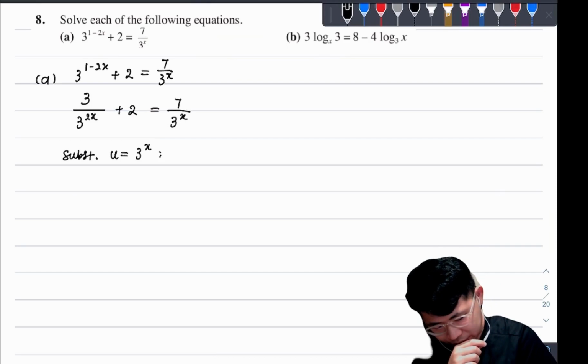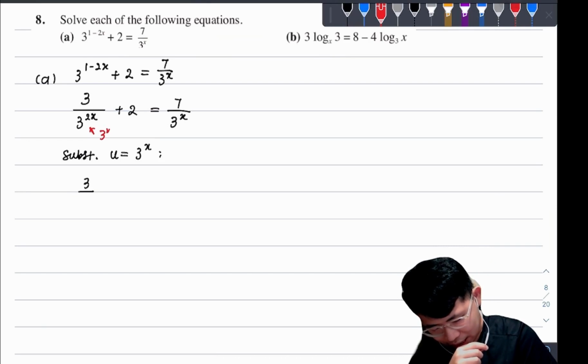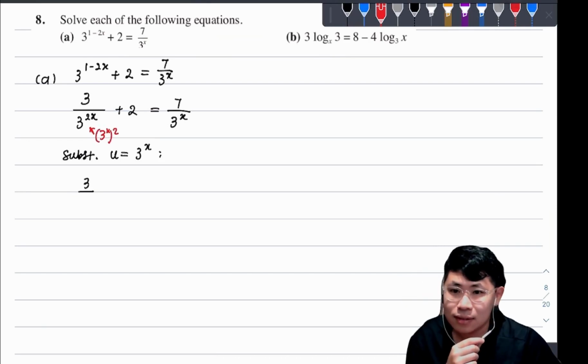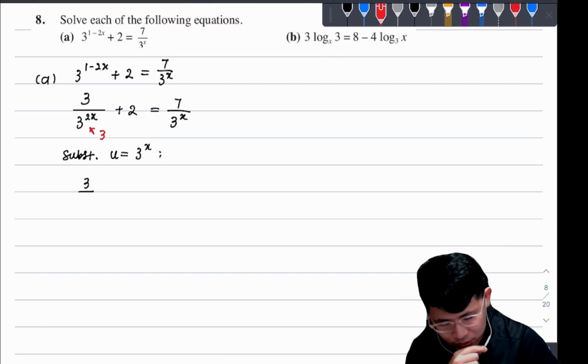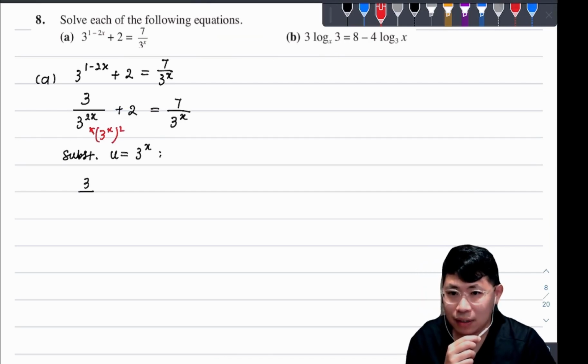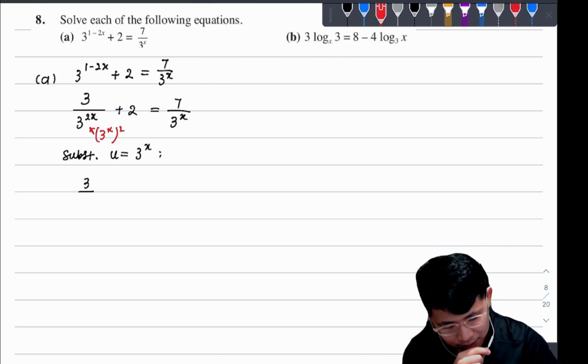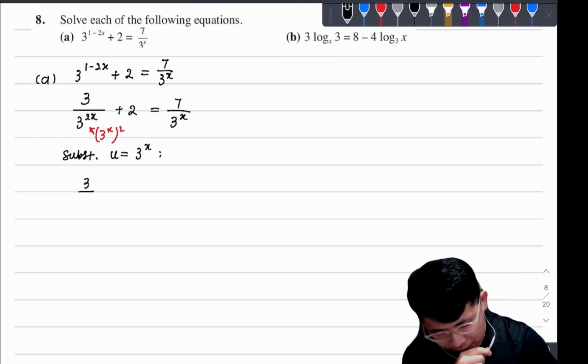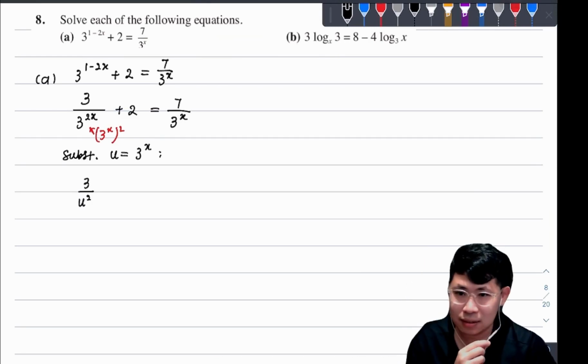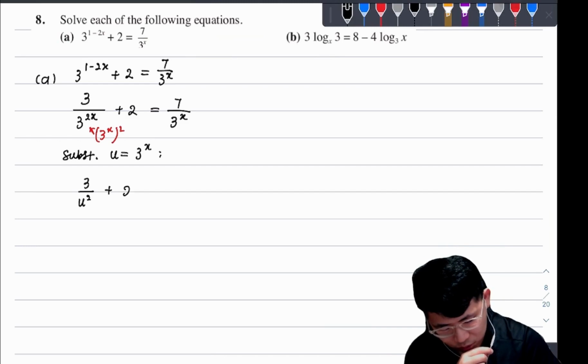So the first one over here is 3 over, now this one I can rewrite as 3 power x, squared, right, by law of indices. So then this would be my u squared over here. Then plus 2 is equals to 7 over u.